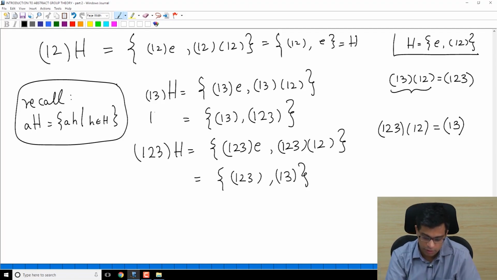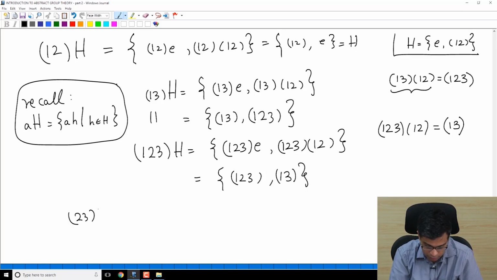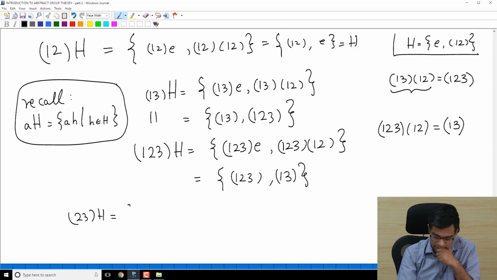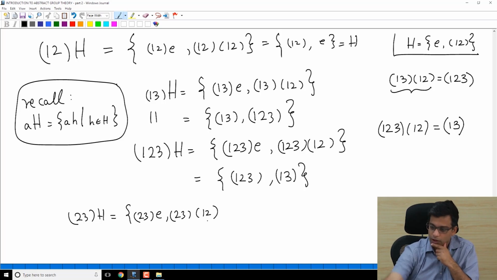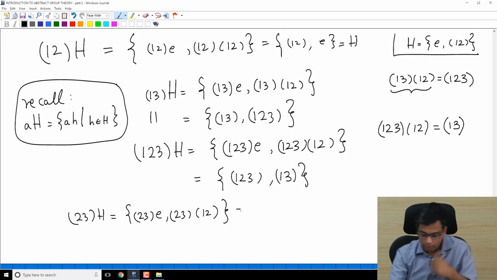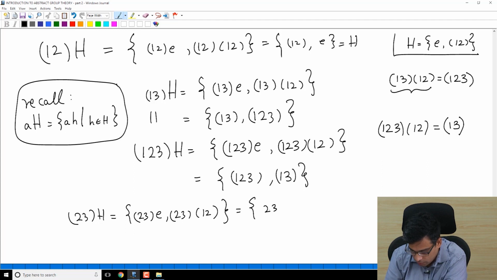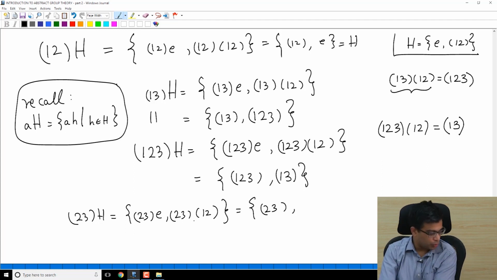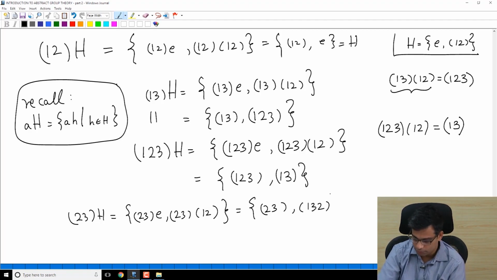Similarly, we have to compute, let's say (2 3) times H. This is (2 3) times E and (2 3) times (1 2), because H is {E, (1 2)}. And (2 3) times E is (2 3), and (2 3) times (1 2), I will let you calculate using the same procedure. It will give you (1 3 2).